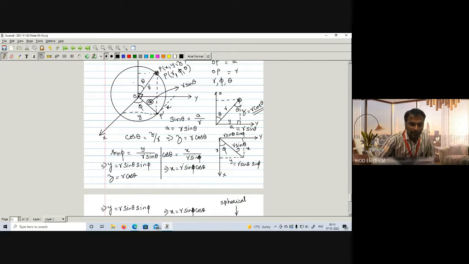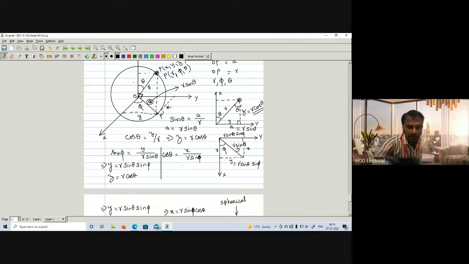So then we can write sine theta sine phi and cos theta sine phi. Let me write it here very clearly.